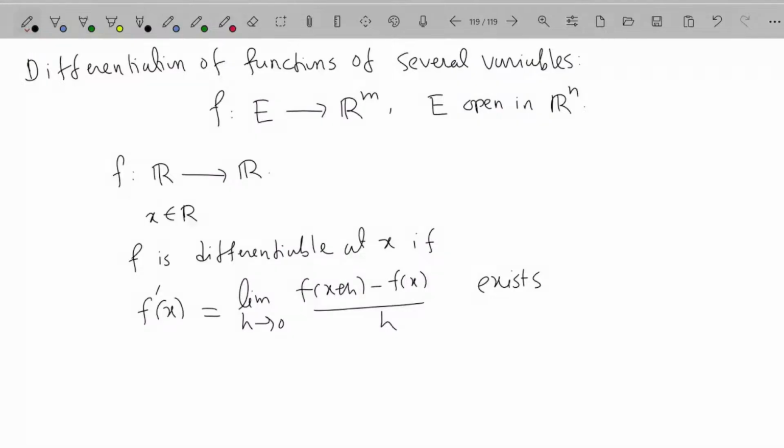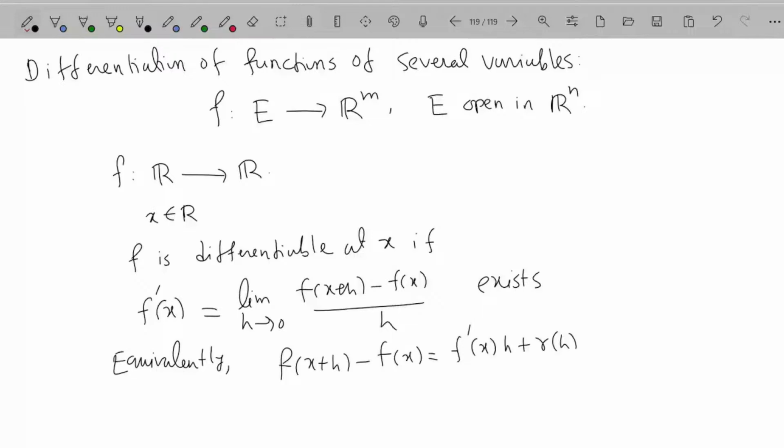Okay. Now if we rewrite this, equivalently we can write f of x plus h minus f of x is f dash x into h plus r of h, where r of h we will call a remainder, where limit h tends to 0, r of h by h is 0.